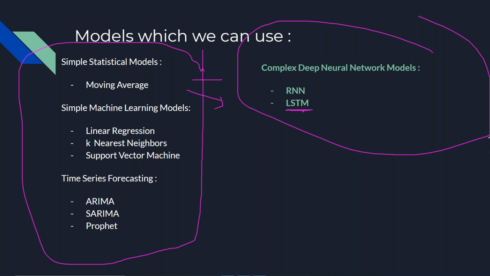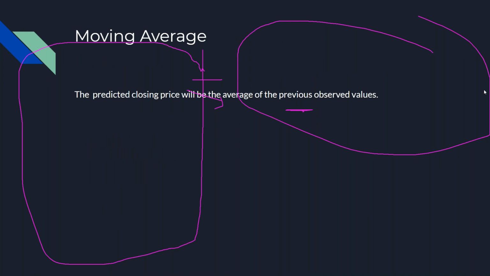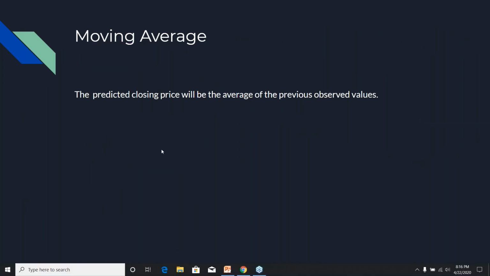The first model is moving average. Moving average is actually a statistical model. It has nothing to do with machine learning.